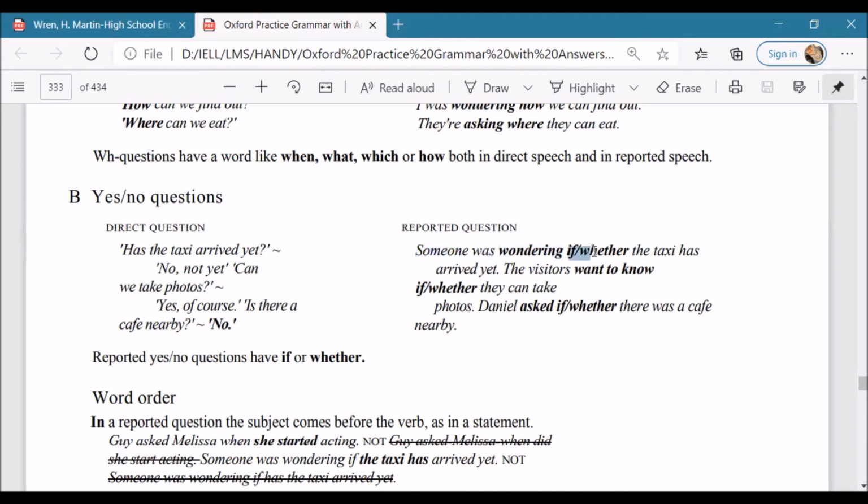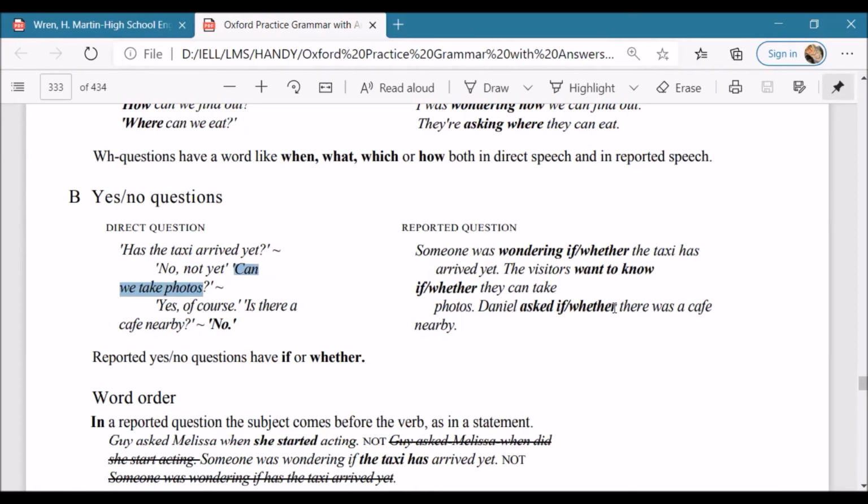Or we could use, someone was wondering whether the taxi has arrived yet. So we can use either if or whether. The visitors want to know if they can take photos. Okay, so can we take photos is again by the use of modal verbs. So they want to know whether they can take photos.